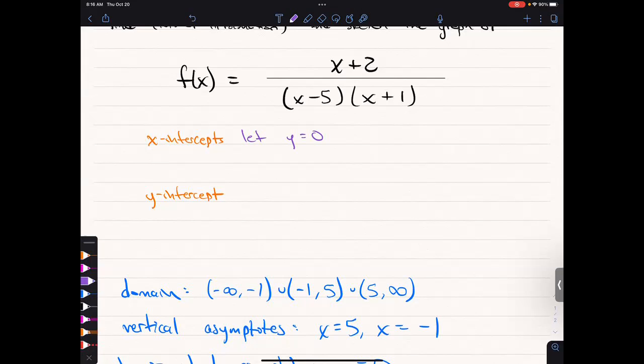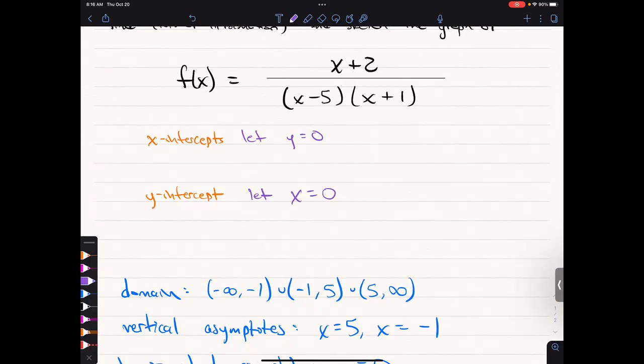Y-intercept, every point on the y-axis, what do you know? X has to be 0. That's not here, that's everything in general, right? That's what we mean when we use the word intercept like that. We mean x-axis or y-axis. So the other one is 0 then, because that's how we set the thing up in the first place.